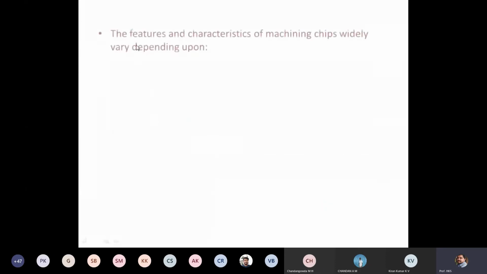Next, the features and characteristics of machining chips vary widely depending upon the work material, brittle or ductile. Can you give some examples for brittle material? Cast iron.